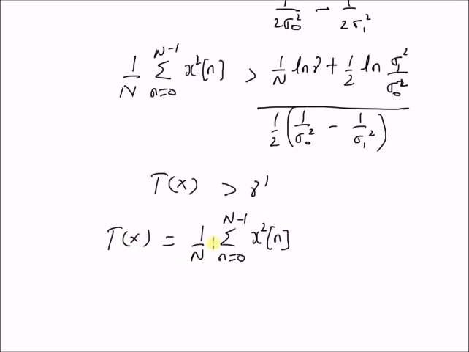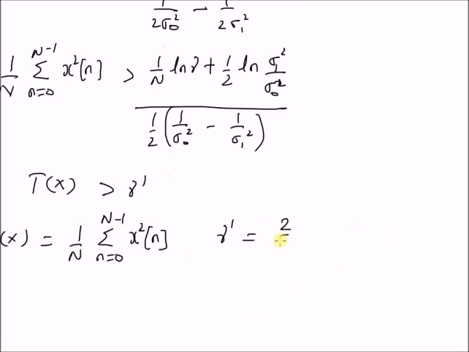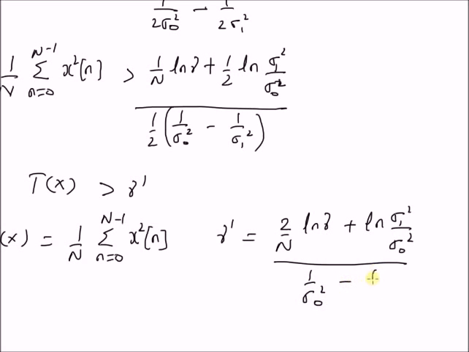Clearly, T of x is the sample variance since the mean is 0, and the threshold gamma dash is equal to 2 by n logarithm of gamma plus logarithm of sigma 1 square by sigma naught square divided by the difference between 1 by sigma naught square and 1 by sigma 1 square. So this is the threshold gamma dash.